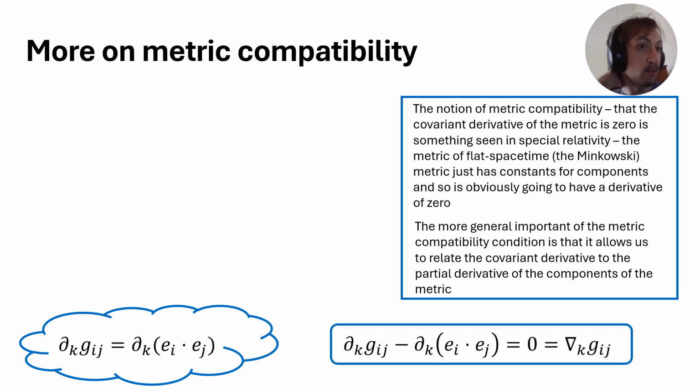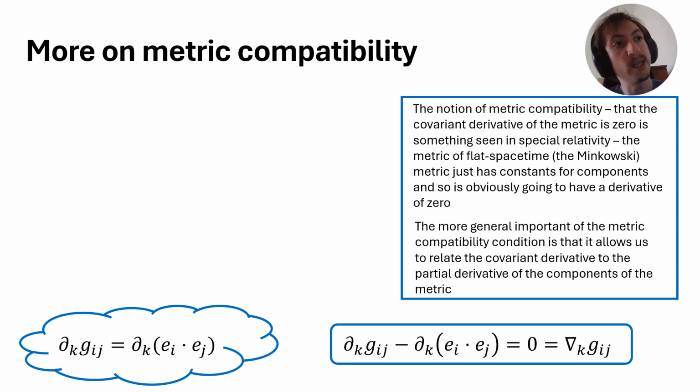Now, using this, we can just bring both terms from our first equation in our cloudy box, if you like, to one side, and that's going to have to equal 0 because something minus itself is just nothing. But due to our condition of metric compatibility, we've set the covariant derivative of our metric to be 0.